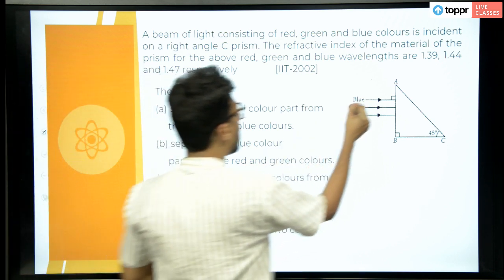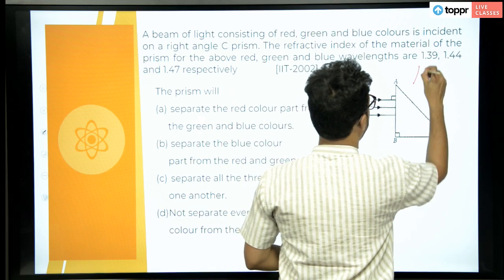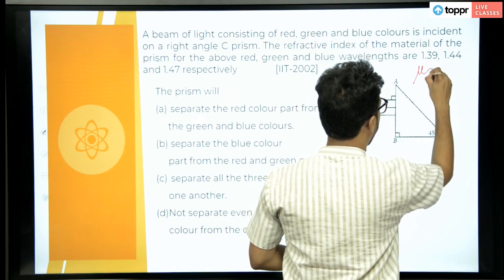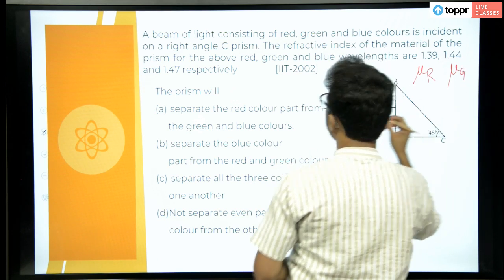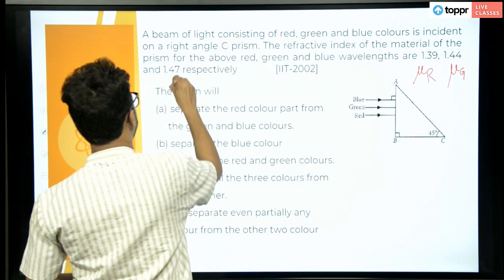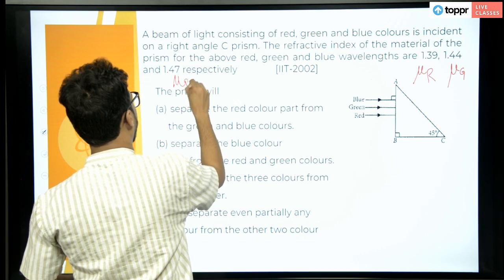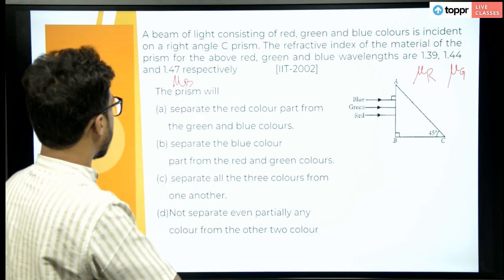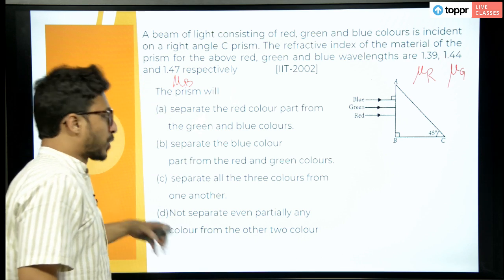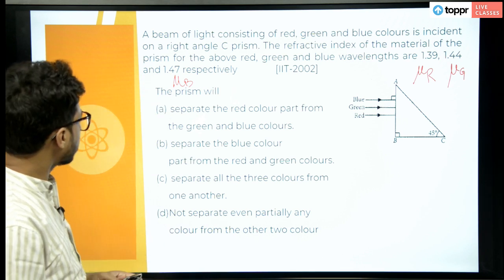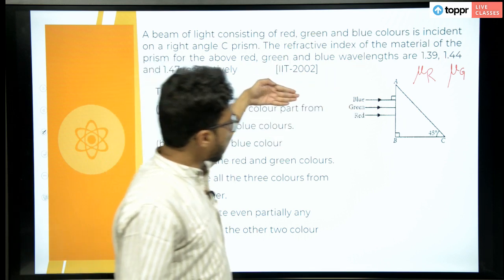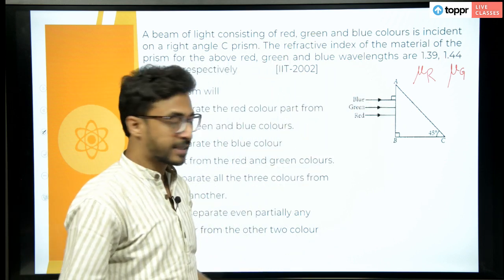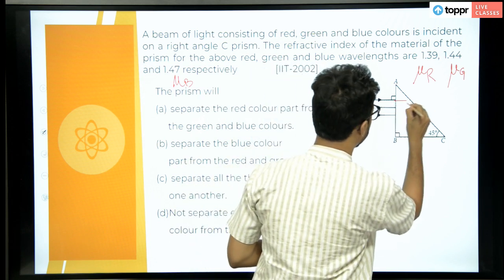So these are the refractive indices: mu r, mu g and mu b, for red, green and blue respectively. What will happen to the prism? Right. Now see, when three colors are incident like this, they will enter like this.